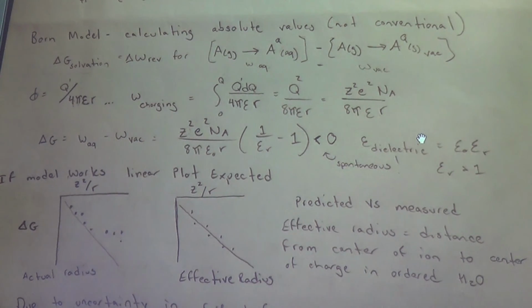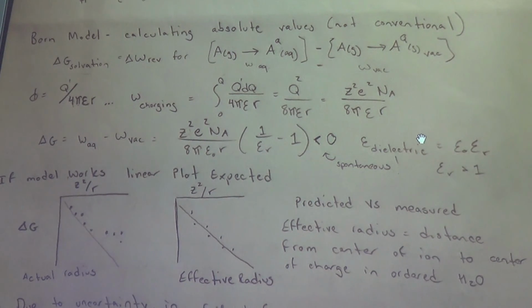They found out that it didn't quite work out perfectly, and they asked themselves why, and they started thinking about their R term, and they realized that in solution, their ions would not necessarily have the radius of the individual ion, the atom. It would have an effective radius that was a product of the solvation.